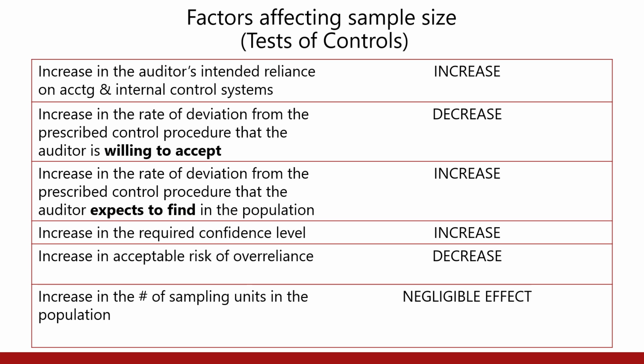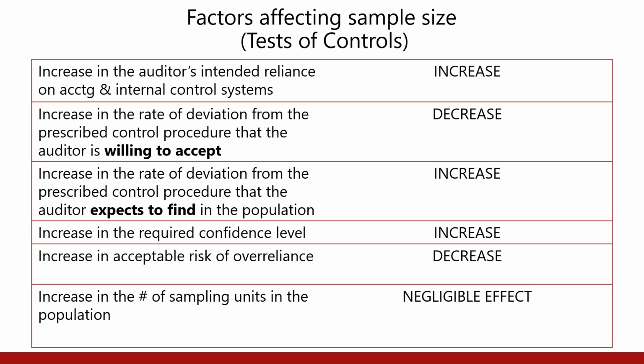And a type 2 or a beta risk is always scarier to the auditor. It's always more dangerous to the auditor. And like what we said, the auditor will always attempt to control or to minimize type 2 risk. And because of this, the auditor will come up with an acceptable risk of over reliance.